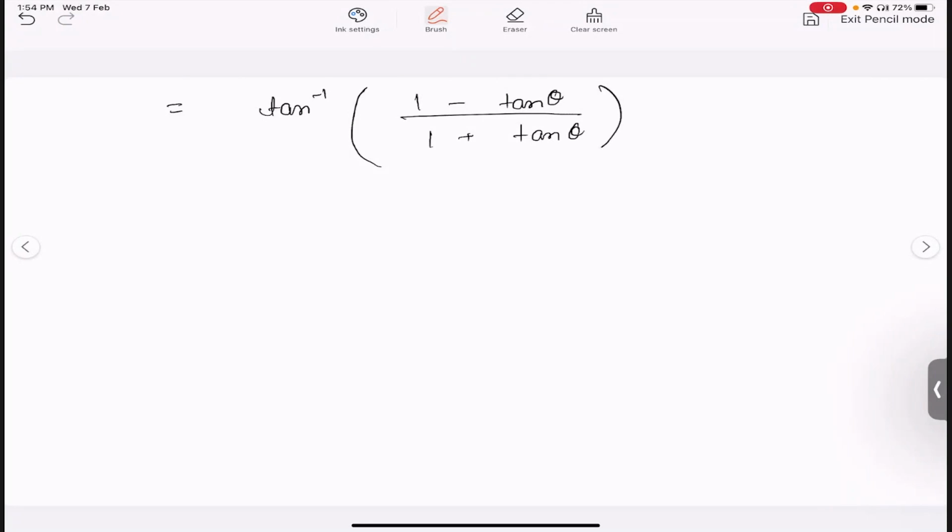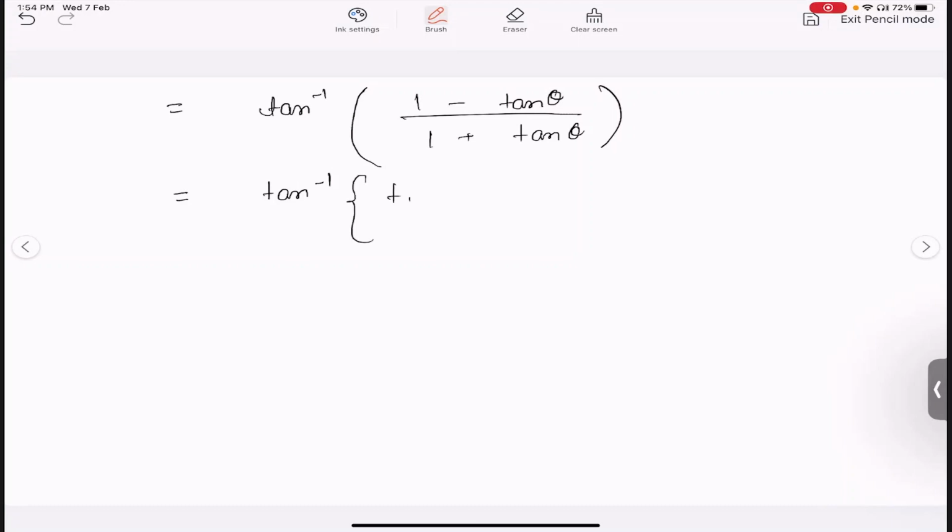So again, this can be simplified with an identity: (a minus b) by (1 plus ab) form.